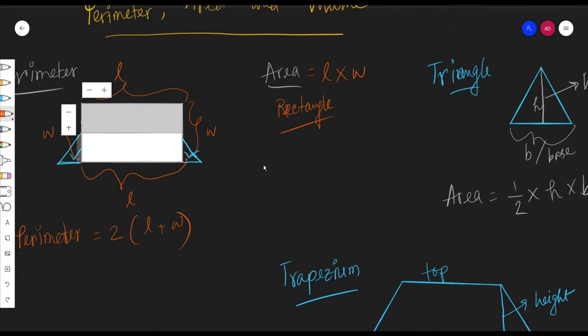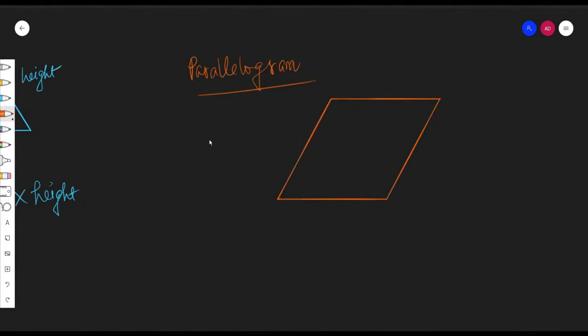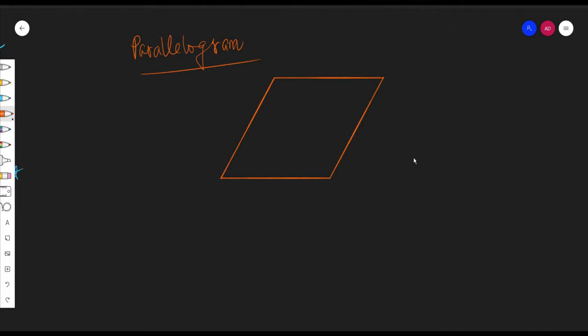The rectangle was four-sided with right angles, but this thing is not. So this one is shaped like this. If I divide this thing with a straight line, this one is a triangle and this one is a triangle as well. So these two triangles make up a parallelogram.